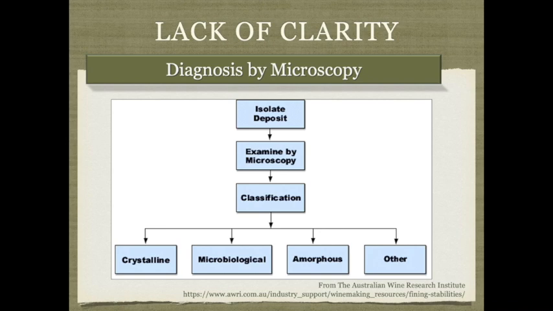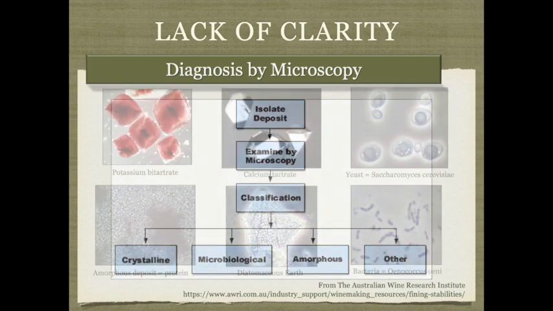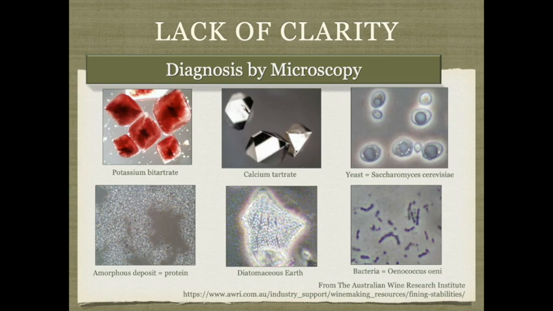Is it a crystal? Does it appear to be some type of microbe, some type of cell of a single-celled organism? Is it amorphous? Does it have really no shape whatsoever, or is it in the other category? Here's some photos from that website. There's potassium bitartrate, calcium tartrate, yeast, amorphous deposit, protein, diatomaceous earth, and bacteria.